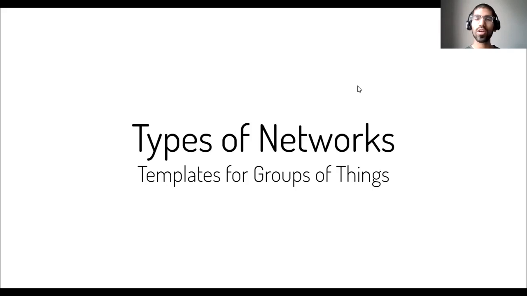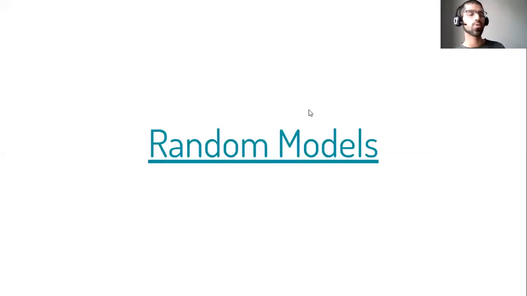And here I have a few interesting visualizations to show off the types of networks. So the first type of network is technically called a statistical network. The key idea is you use different math equations to generate the network.